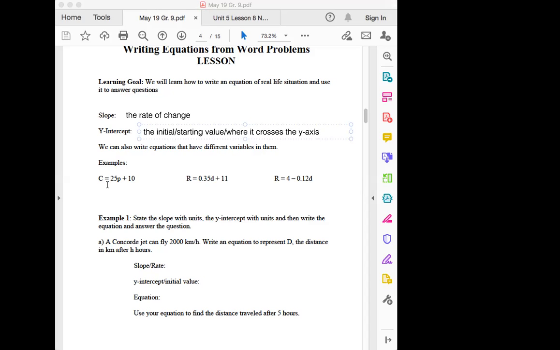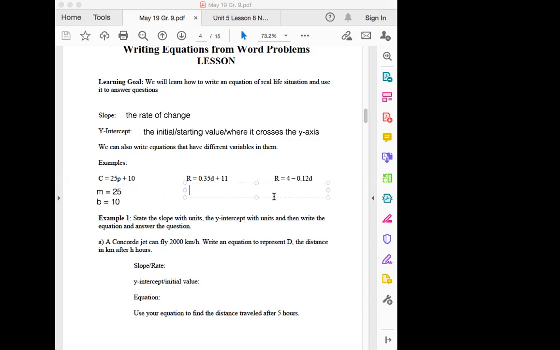So if we look at our first one here, C equals 25P plus 10. So our slope is exactly the same as what we would have if we had y equals mx plus b. So it's the number that's in front of our p, our variable inside the equation. So it's 25. And then our intercept is our constant at the end here. So the constant is not attached to a letter or anything.